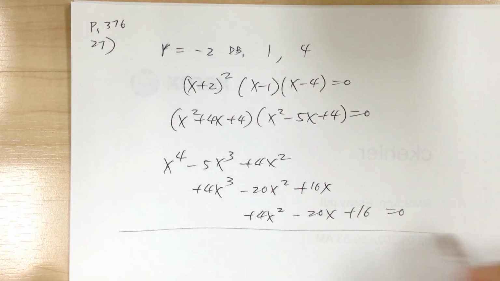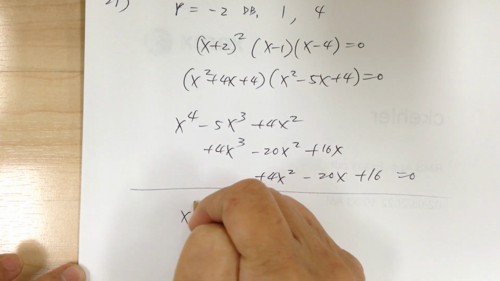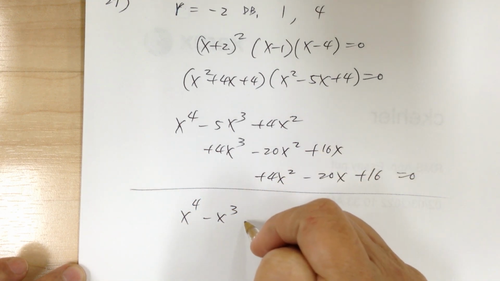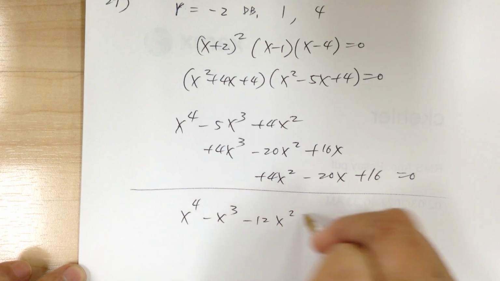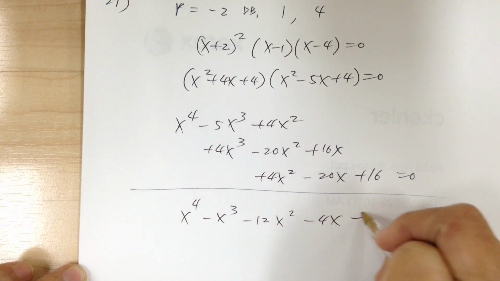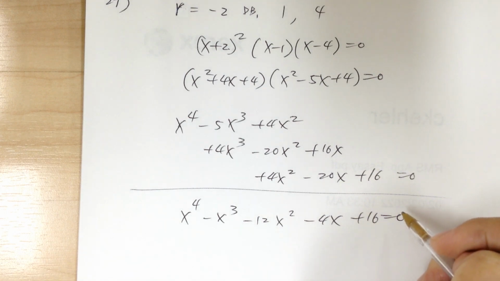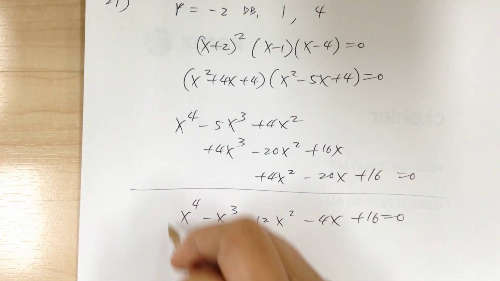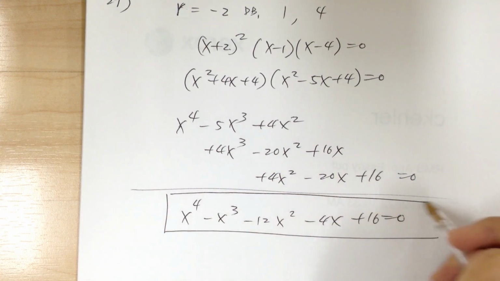So you have x to the 4 minus x to the 3 minus 12x squared minus 4x plus 16 equal to 0. And that's it for number 27.